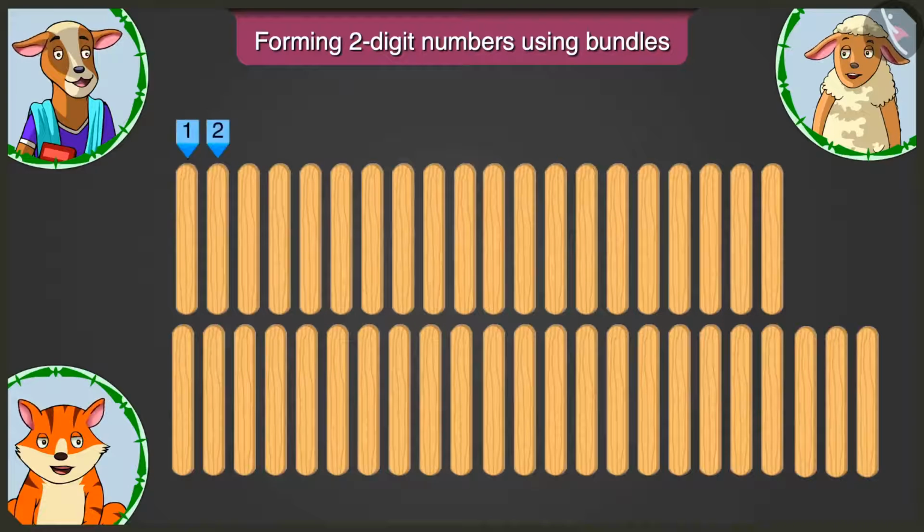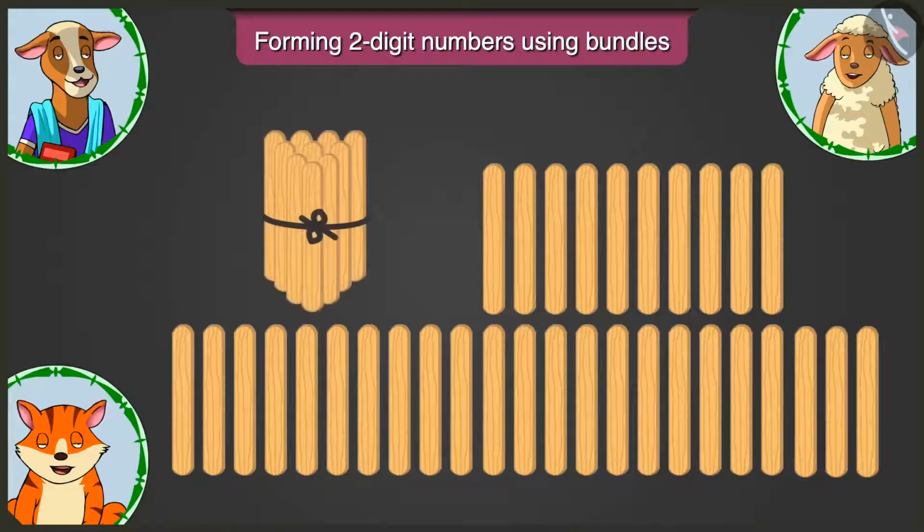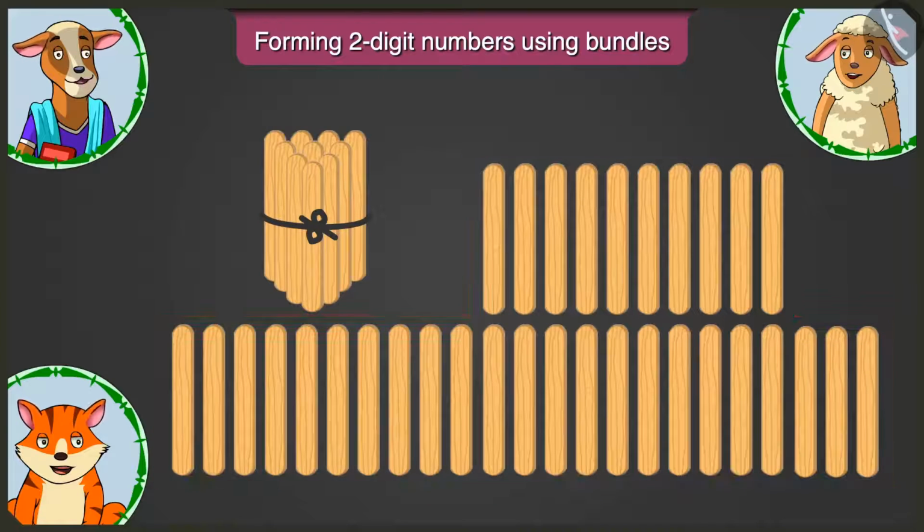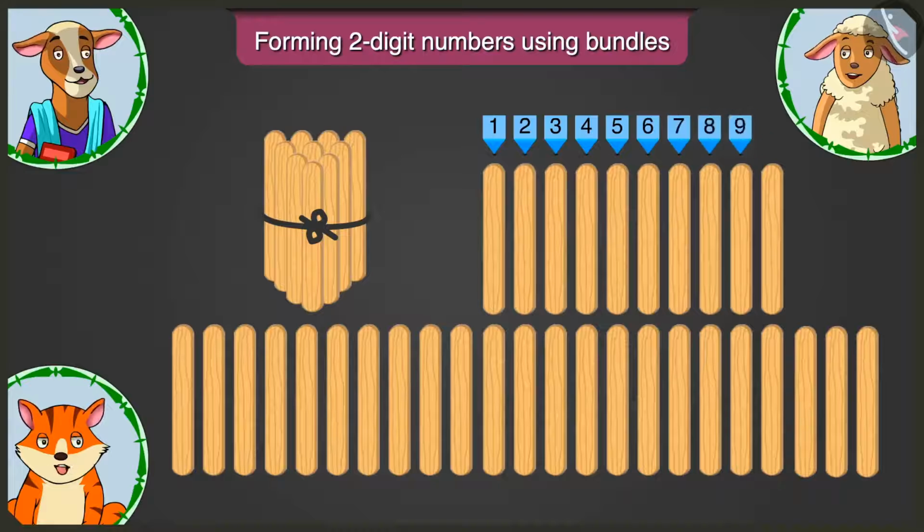1, 2, 3, 4, 5, 6, 7, 8, 9 and 10. Here is one bundle of tens. Come on, Billy. Now make the second bundle of tens from the remaining sticks. 1, 2, 3, 4, 5, 6, 7, 8, 9 and 10.